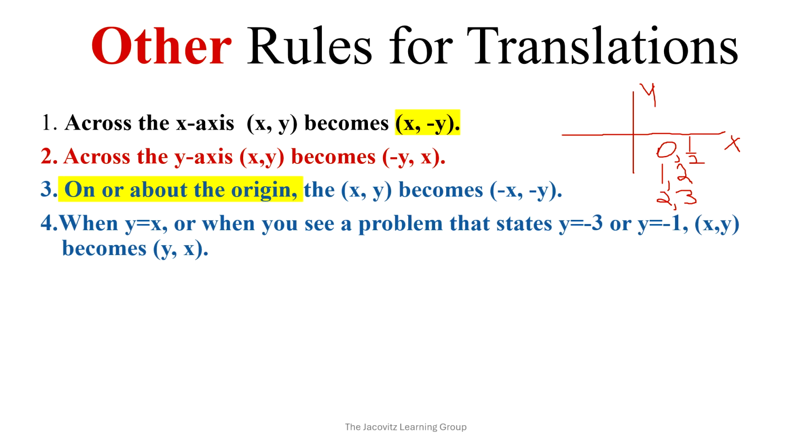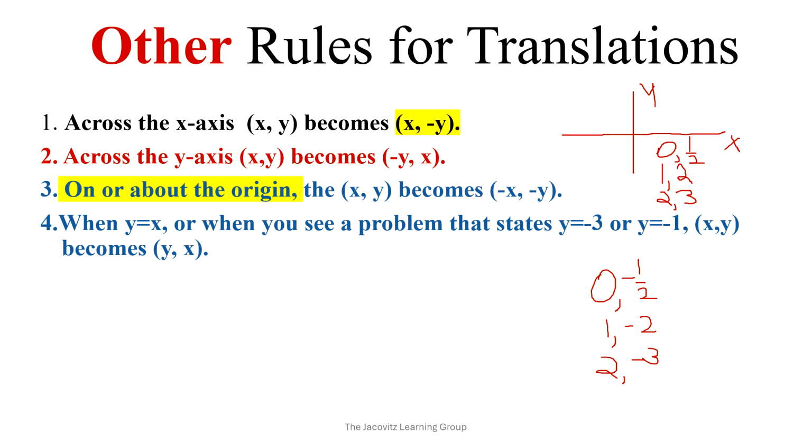These were the originals. All of these points are now going to become 0, negative 1/2, and 1 and negative 2, and 2 and negative 3.